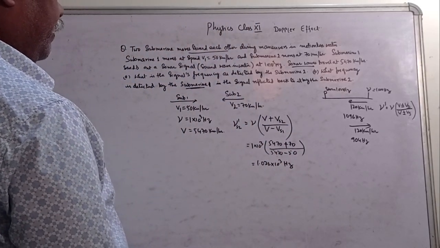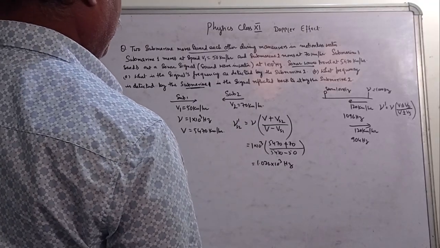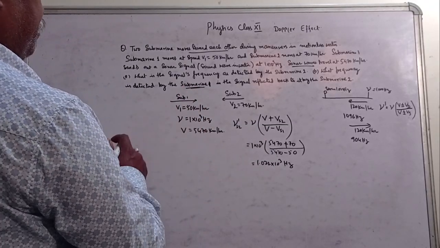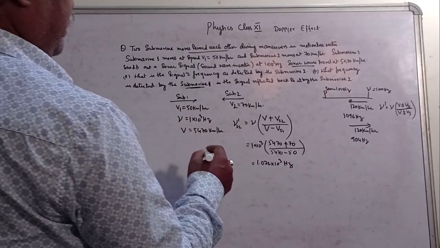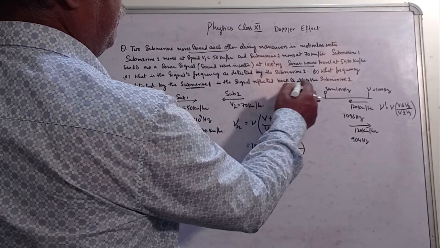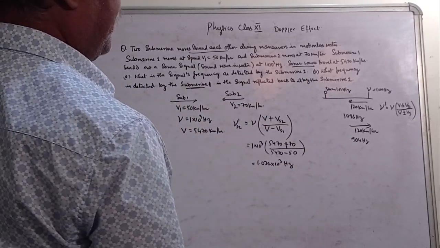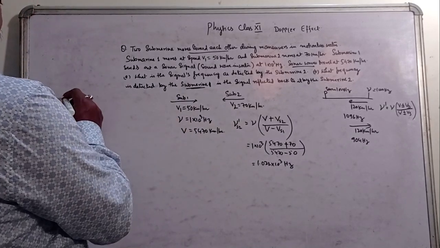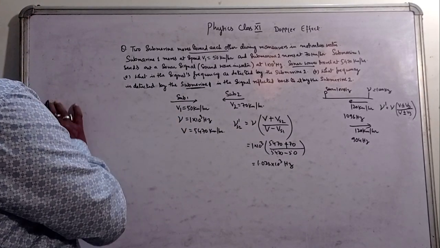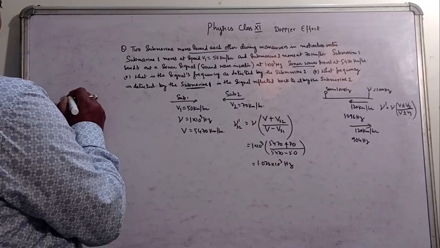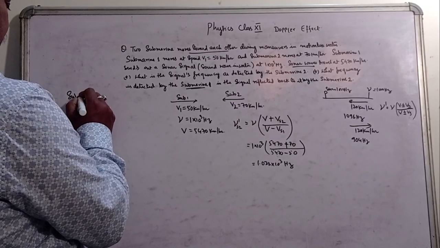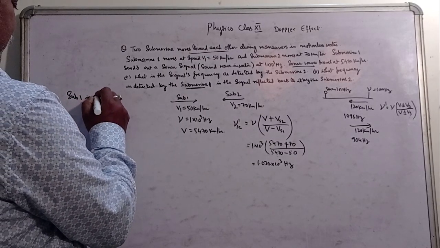Now, for the second case, what frequency is detected by submarine 1 in the signal reflected back to it by submarine 2? To solve it, let us take submarine 1 to be at rest.